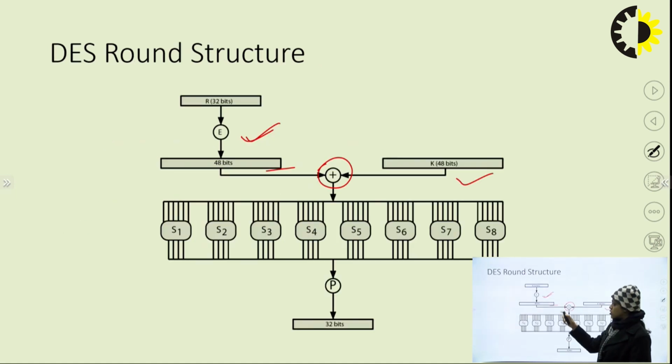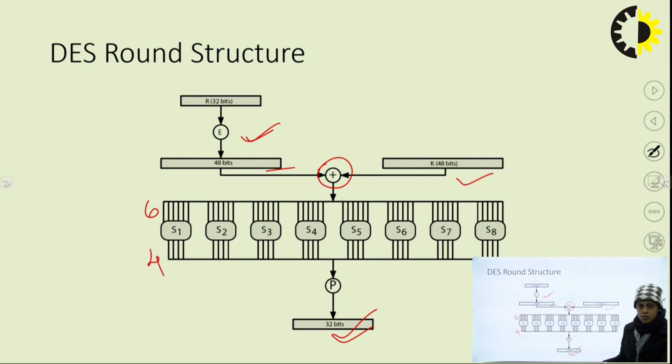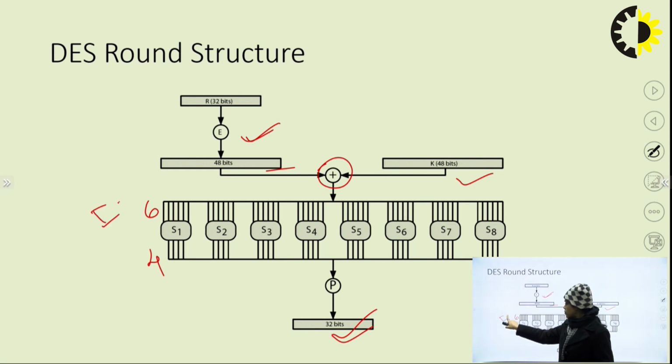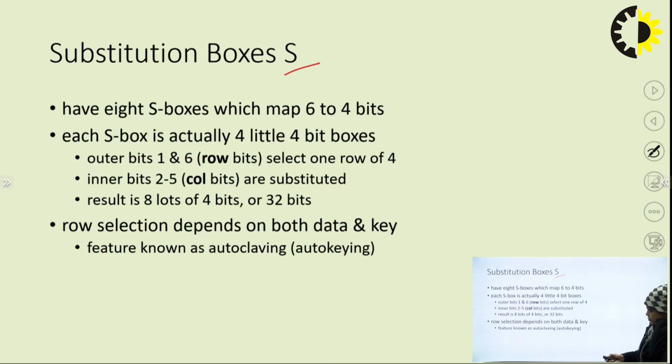So finally, we have 48 bits as an input and we are producing 32 bits out of it, because it is taking 6 bits as an input and producing 4 bits as an output. So row selection depends on both the data and key, a feature known as auto-keying.